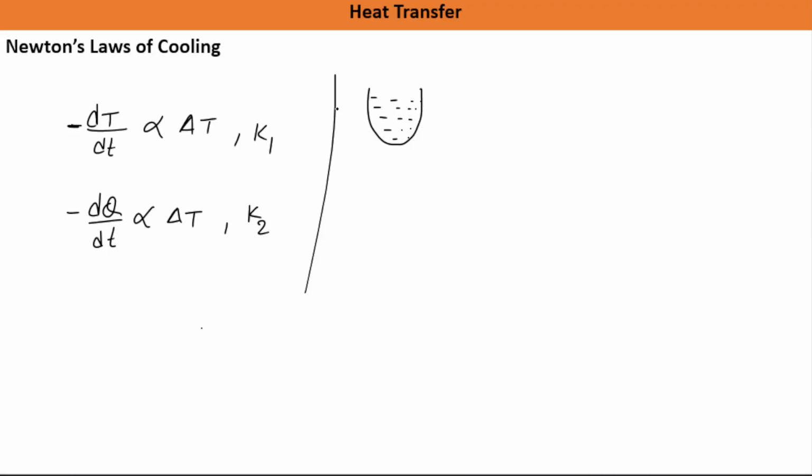And before we start getting the expression for this one, we should first consider certain assumptions that we take for the Newton's law of cooling expression. ठीक है. और वो assumption क्या है, देखो सबसे पहला जो यहाँ पे heat transfer होगा, यानी कि जिस वजह से तुम्हारा ये body cool हो रहा है, that heat transfer has only to do with radiation. So radiation की वजह से ही heat का loss हो रहा है यहाँ पे, only we have to talk about that.